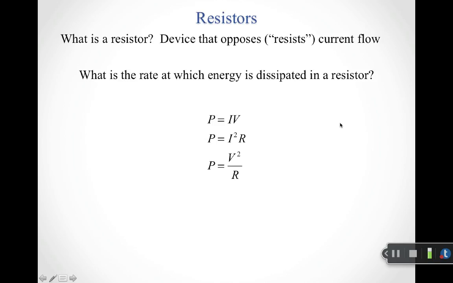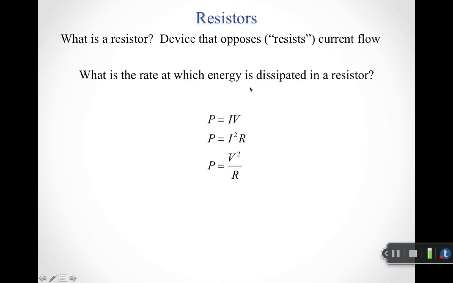Fundamentally, what we tend to care about with a resistor is that it's going to dissipate the energy provided to it. Usually it ends up dissipating that energy through what's known as joule heating. Most resistors heat up as they resist current flow.